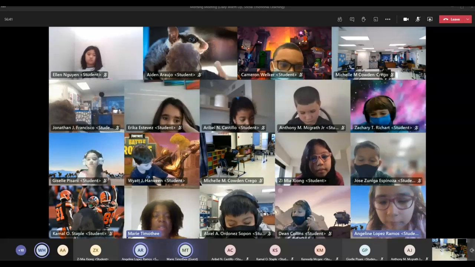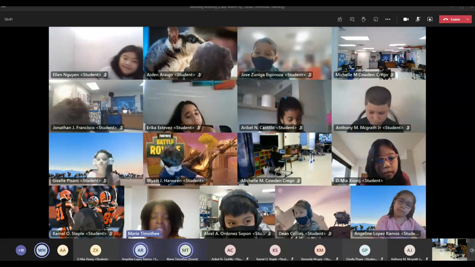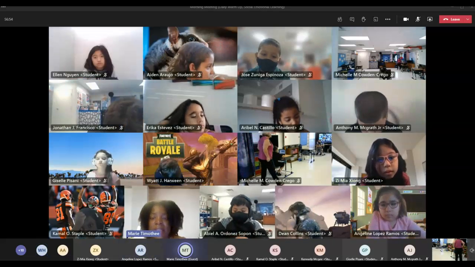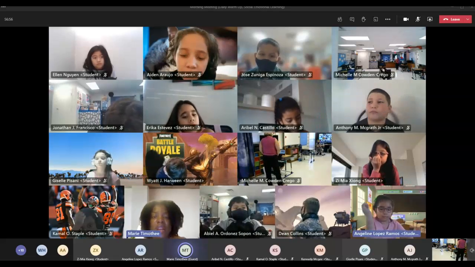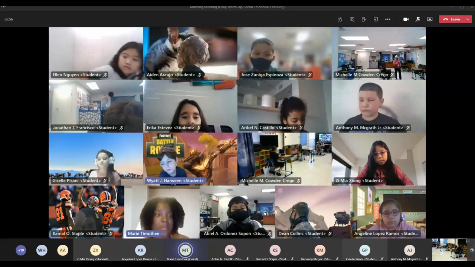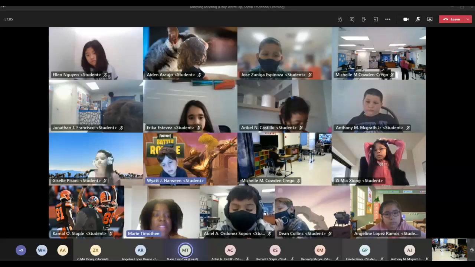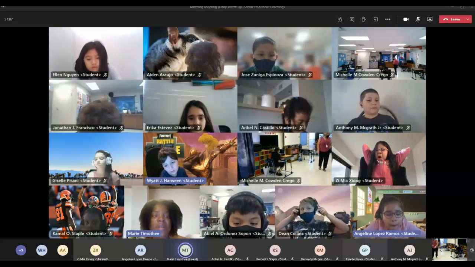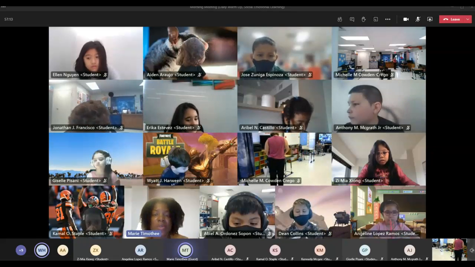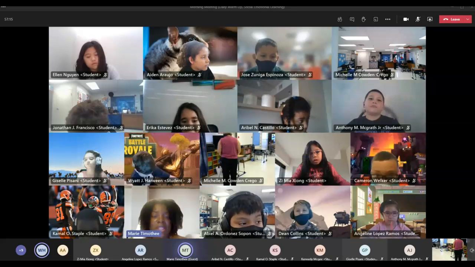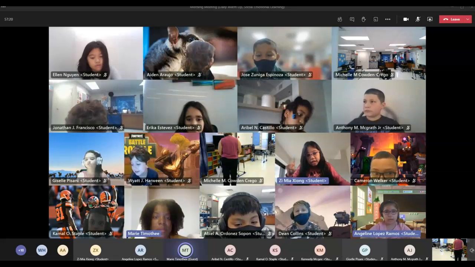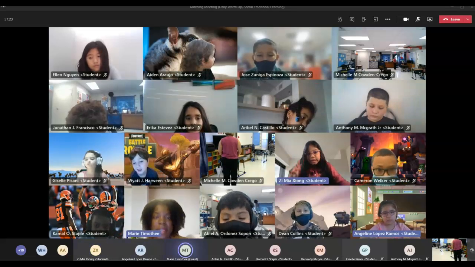So the difference between a photograph and an illustration is that a photograph is taken with a camera, and an illustration is normally drawn by the author. Okay. So what text feature would you use to figure out the meaning of a word? Would you use an index or a dictionary? Dictionary or index? Index. Did I say index?